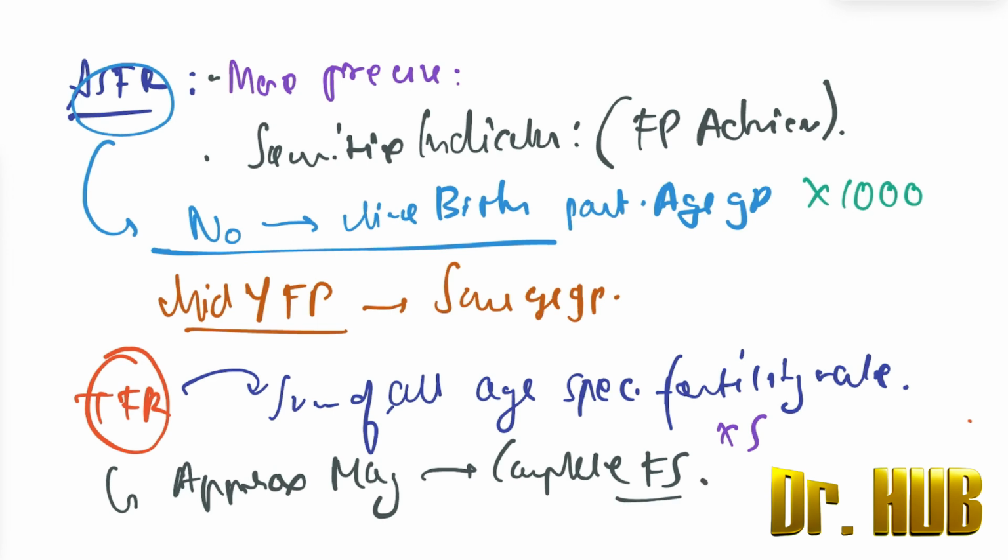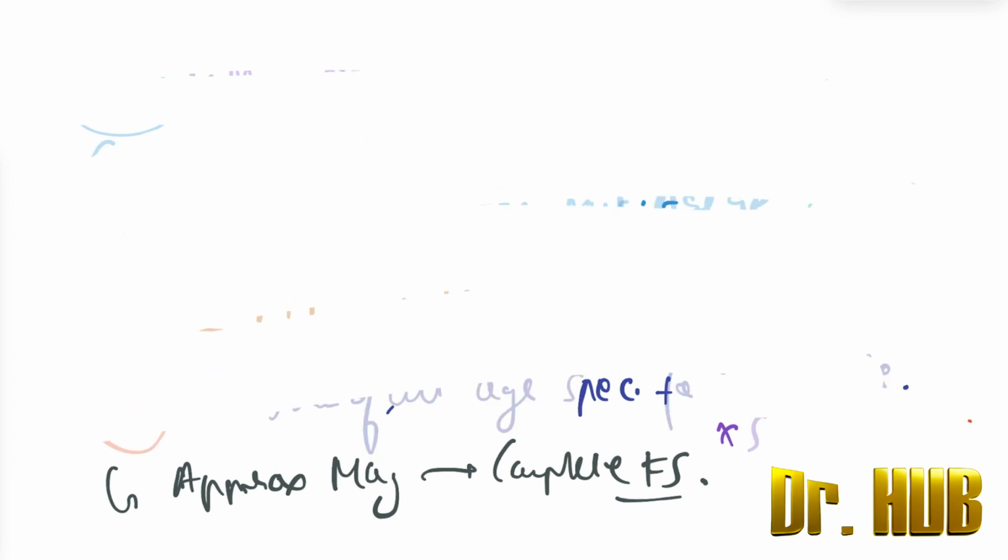Now let's look at the TFR, the total fertility rate. It is the sum of all age specific fertility rates multiplied by 5, and gives the approximate magnitude of complete family size.